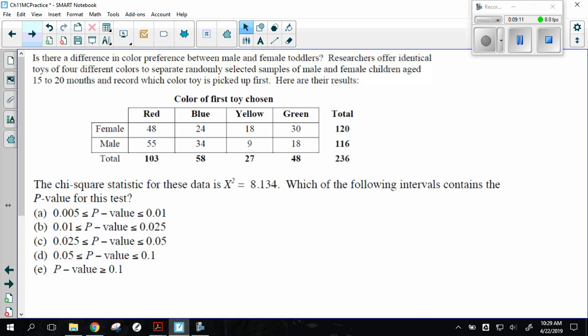Or if you have your chi-square table in front of you, you can get that out and try to find the interval for your probability based on that. So we've done lots of calculator work. Let's go ahead and get out our table and do it that way, because I know that you guys can enter this into a matrix and then get a p-value.